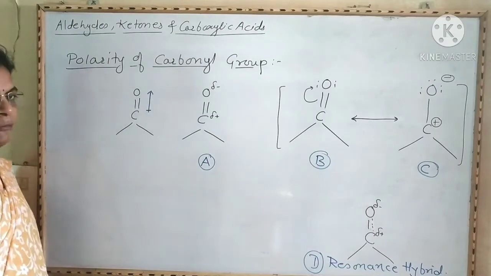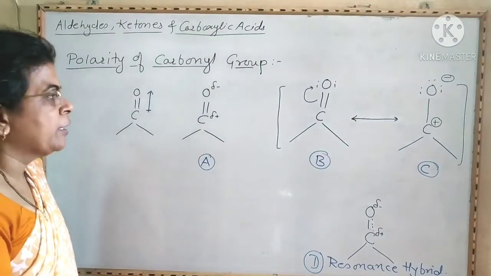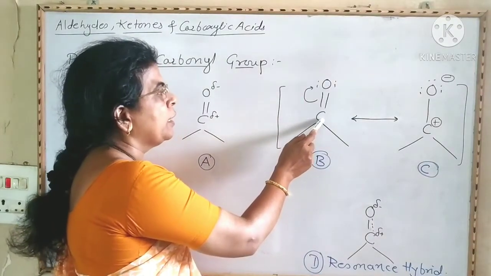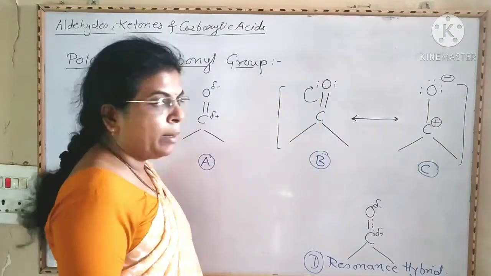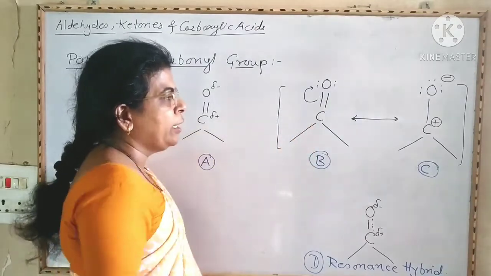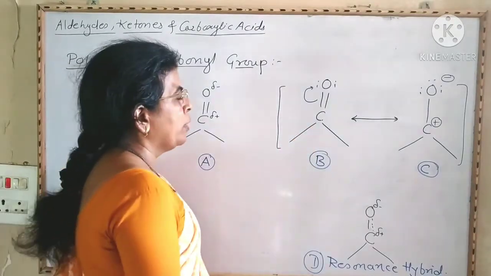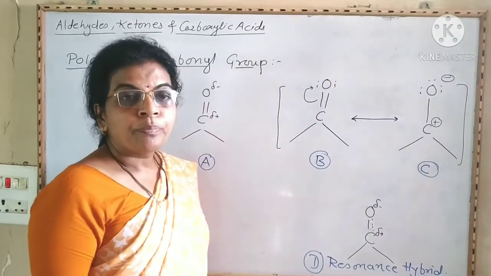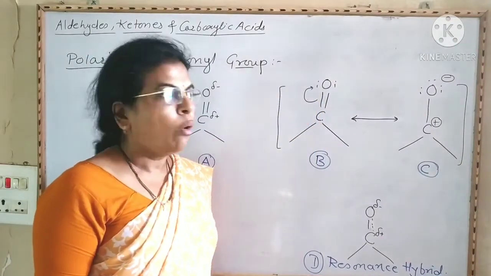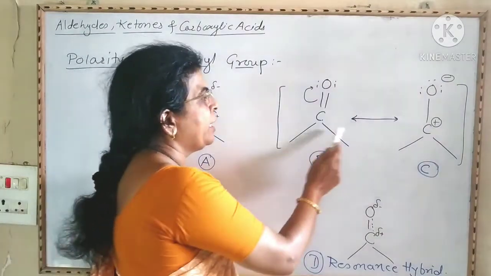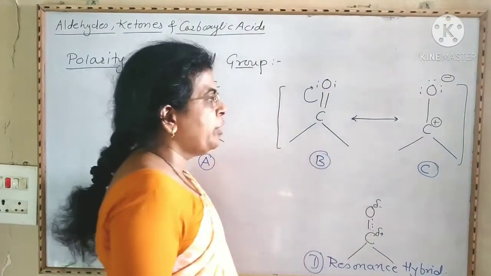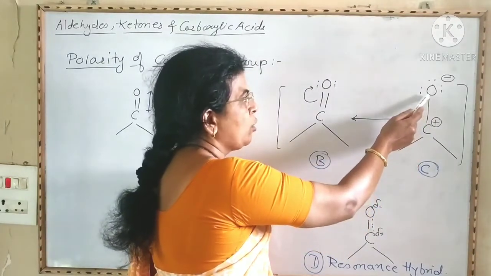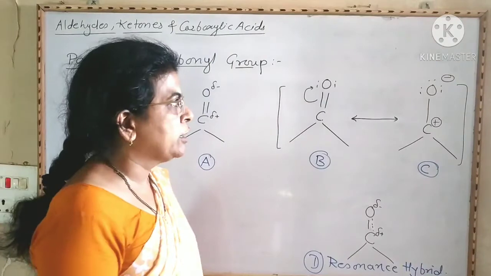This is the inductive effect, and in the case of the resonance effect, this carbon is bonded to the oxygen atom by a double bond, in which one is a sigma bond and the second is a pi bond. These pi electrons get shifted onto the oxygen atom due to its greater electronegativity, and thus we get the structure in which the carbonyl carbon acquires a positive charge and the oxygen atom acquires a negative charge.